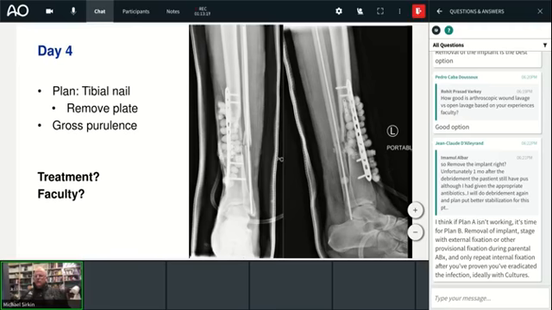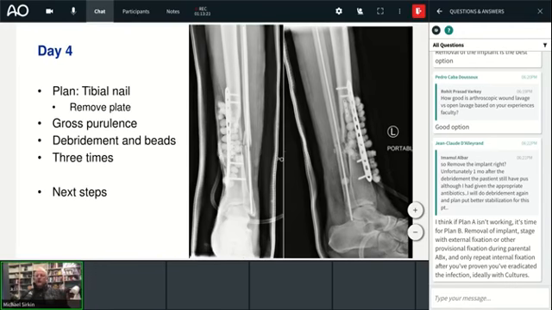So what was done here, we still went ahead and he was taken to the OR. We had gross purulence. We debrided him 3 times, and it was a very early infection. It's rare for me to even see an infection at a second washout, but that's why we do second washouts.